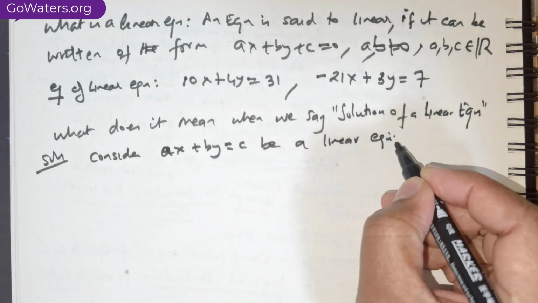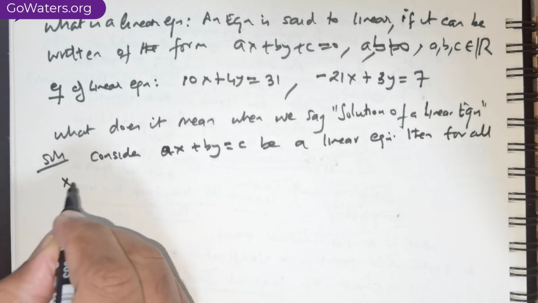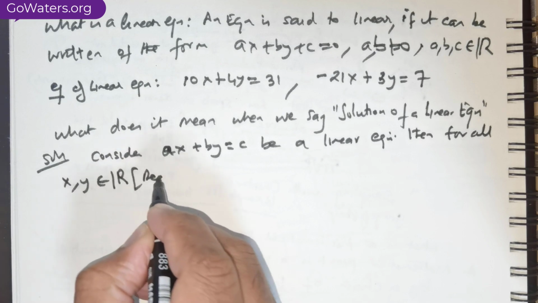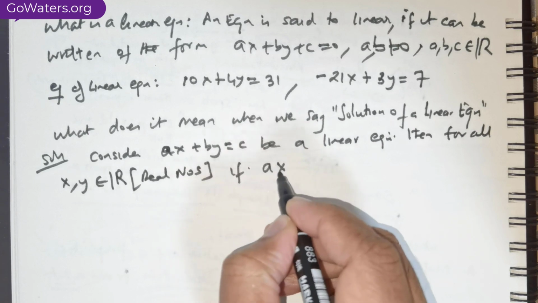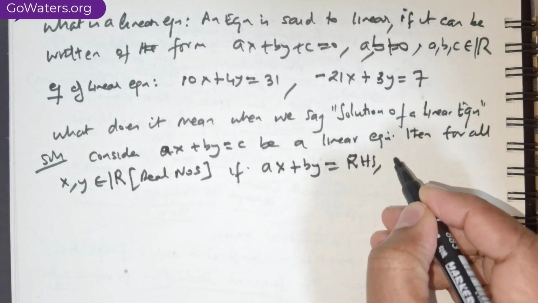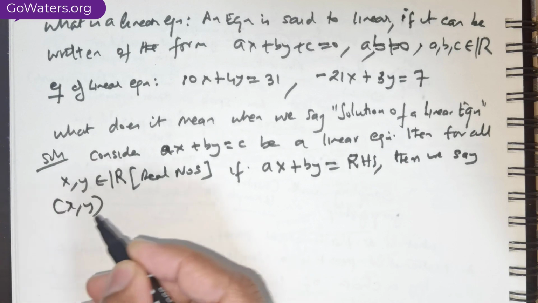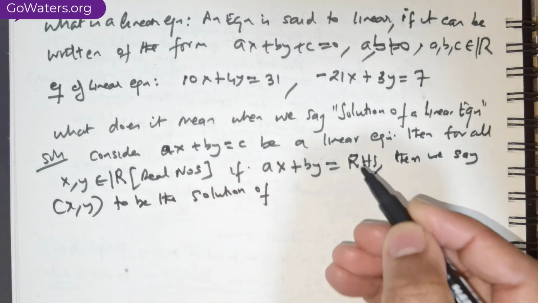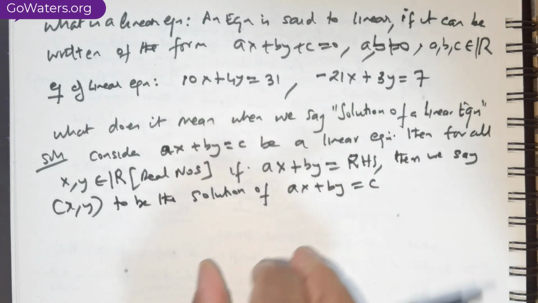Then for all x and y, elements of R, where R stands for real numbers, if a multiplied with x plus b multiplied with y is equal to the right hand side, then we say (x, y) is the solution of ax + by = c. So that's the basic understanding for solution of a linear equation.